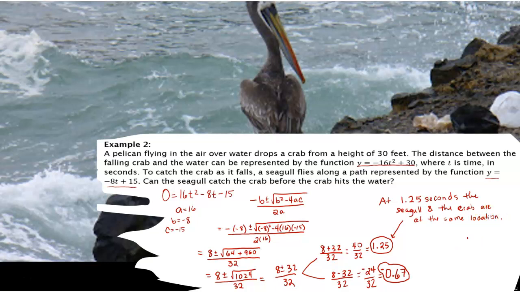And if they're at the same location, this means that the seagull can catch the crab. And that will happen at 1.25 seconds. So the answer is yes.